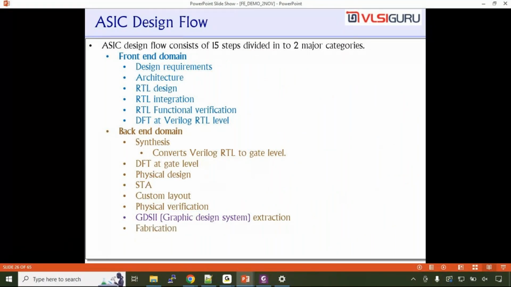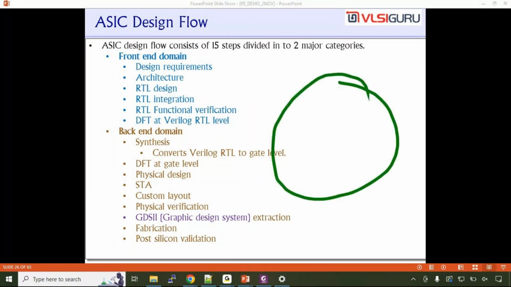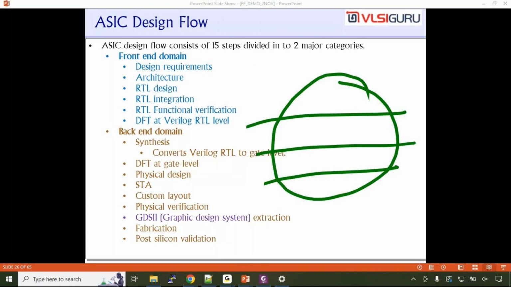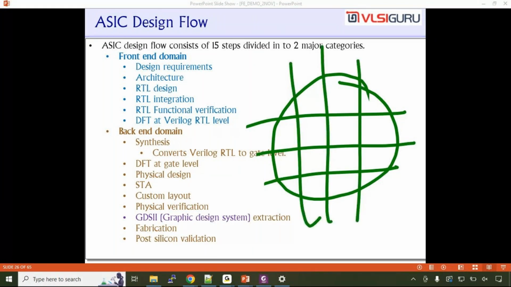Once you have this file, you go for fabrication. After fabrication, you get the chips. See, if fabrication is done on this kind of plate, they will cut the plate. Each one represents one chip. That chip needs to be verified, right?